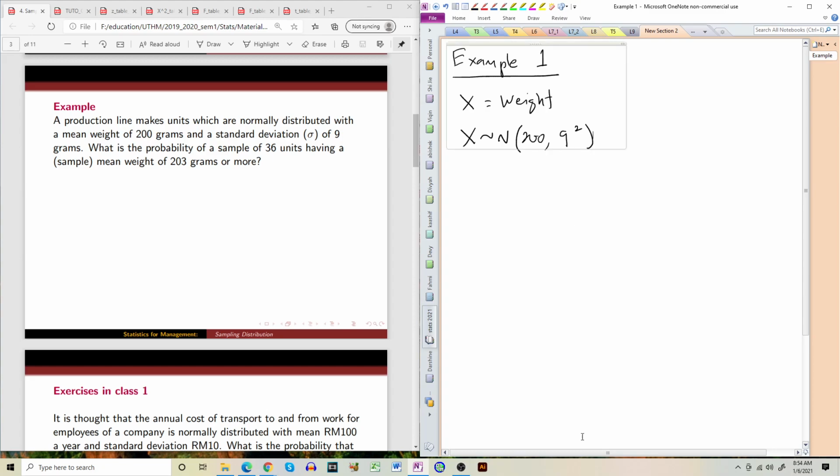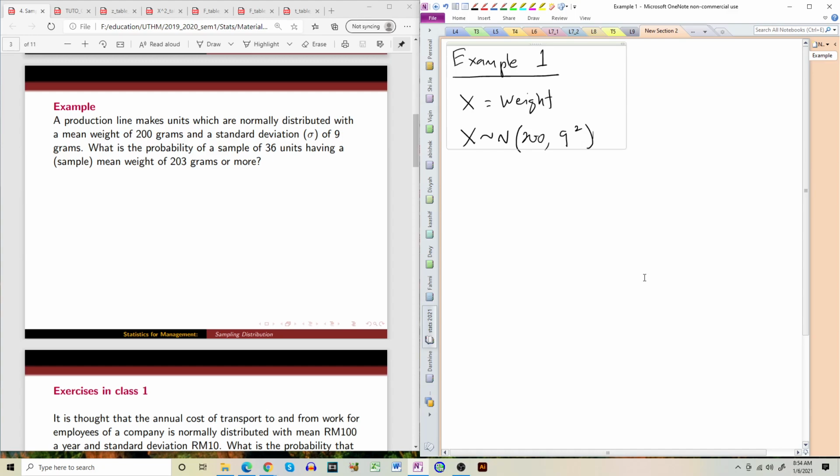Now in this question they are asking what is the probability of a sample, what is the probability of a sample of 36 units having a mean weight of 233 gram.